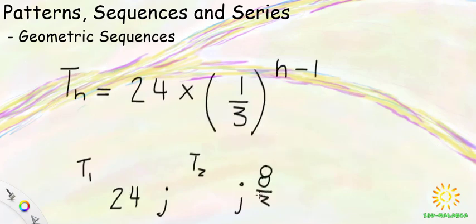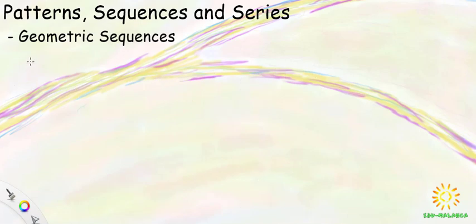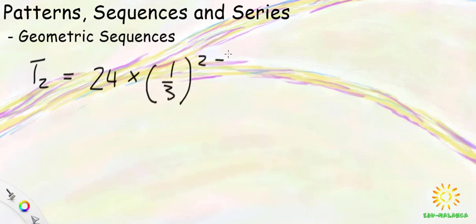So the last thing we need to do to solve the question is find out what term 2 is, and we're simply going to substitute 2 in wherever we see n in our general term. So T2 is equal to 24 times 1 over 3 to the power of 2 minus 1. 2 minus 1 is just 1. Well, that's pretty easy.